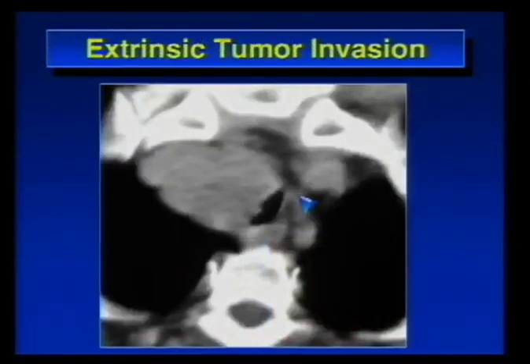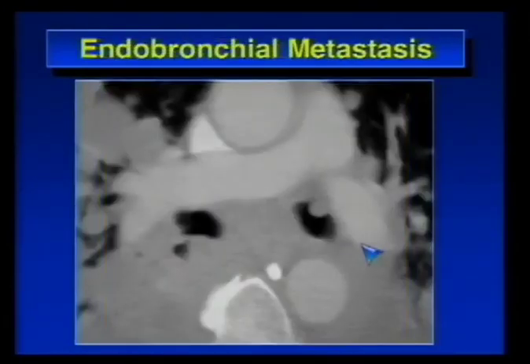And how about this particular case? This is actually a pretty unusual case in which a mass, a thyroid cancer, is invading the trachea. So this is extrinsic tumor invasion by a thyroid cancer. And how about this little endo-airway metastasis? How do I know that's a metastasis?